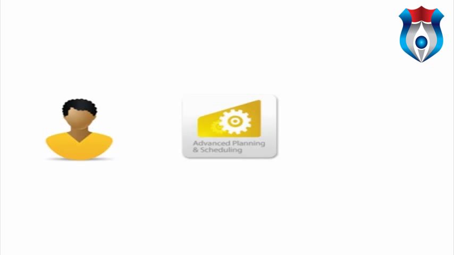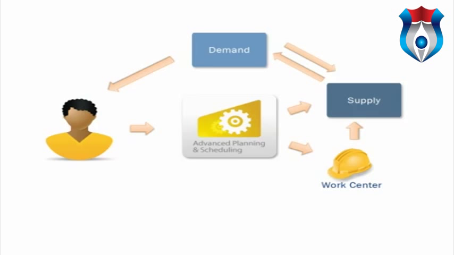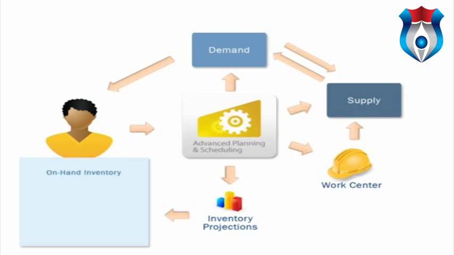Demand Solutions' advanced planning and scheduling synchronizes supply with demand to ensure a steady flow of revenue while minimizing supply shortage. See inventory projections that take on-hand inventory, sales orders, forecasts, transfer orders, purchase orders, and production orders into account.